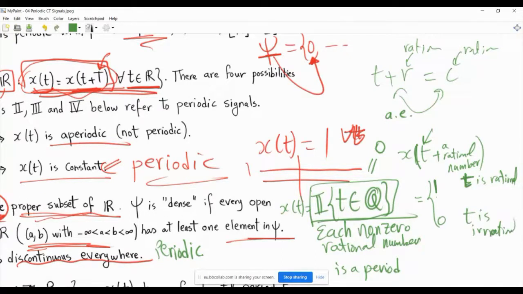And so what is this thing? x of t plus a rational number is 1 if t is rational, 0 if t is irrational. Guess what?